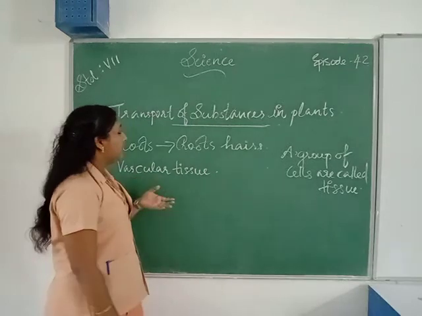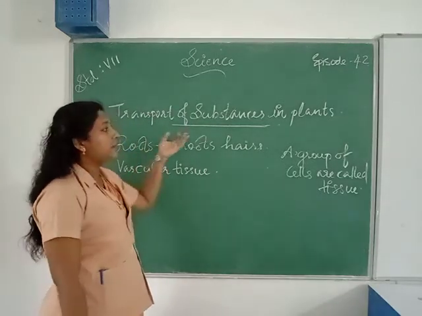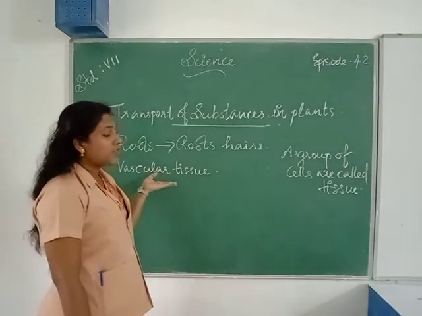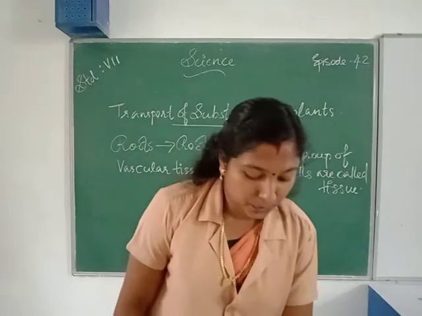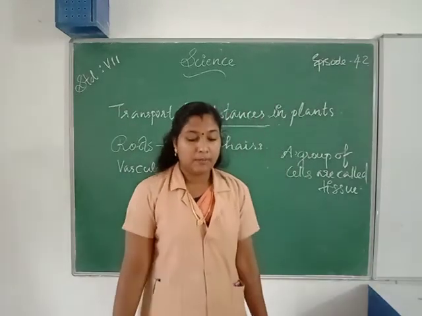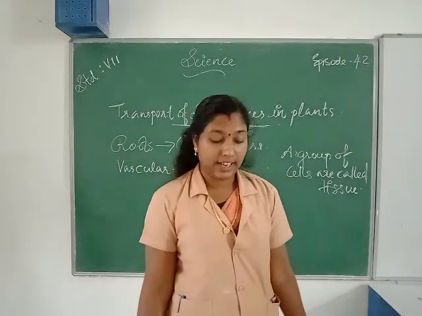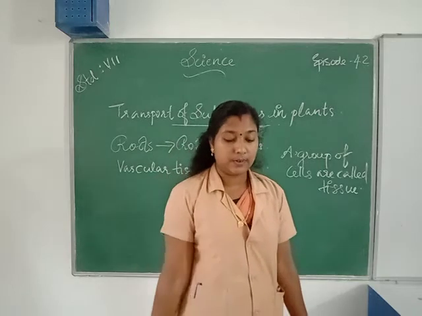So for the transport of substances in plants, vascular tissue helps. The plants have pipe-like vessels to transport water and minerals or nutrients from the soil.